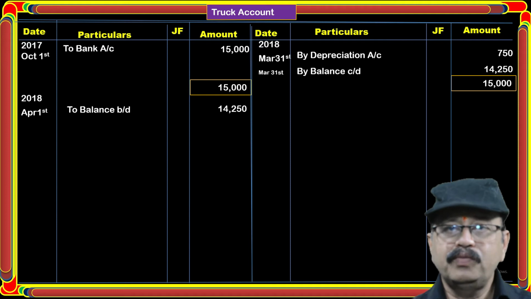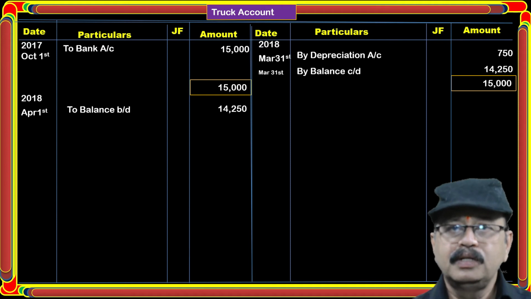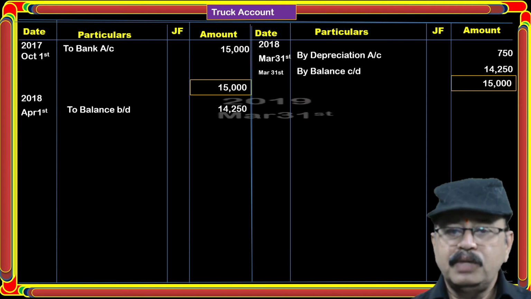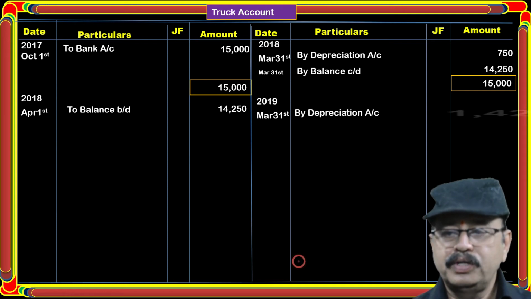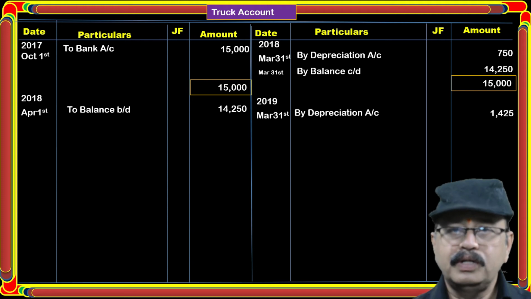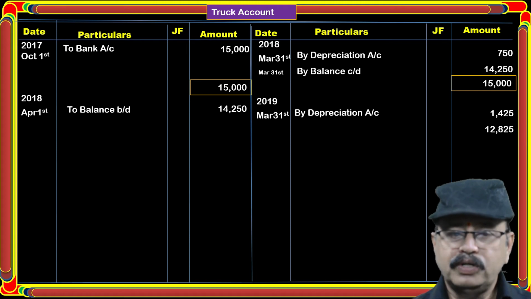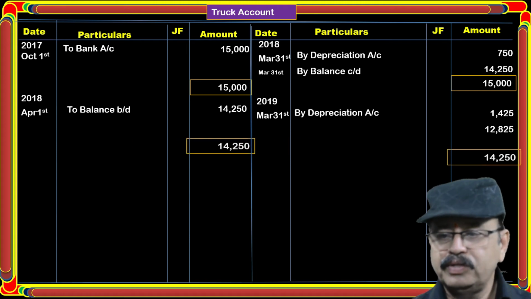In the second year we calculated depreciation on the first truck. On 2019 March 31st, by depreciation account, we show the depreciation under the truck account. So we are going to show here 1,425, that is the second year depreciation on the first truck. So nothing to write here, again we are going to balance. Both sides total 14,250.